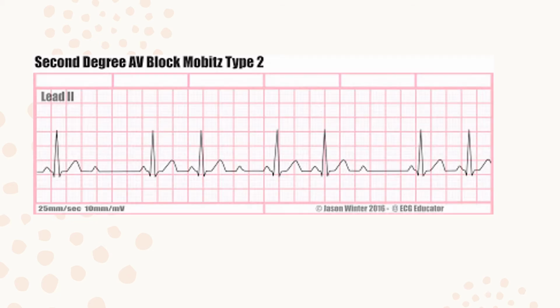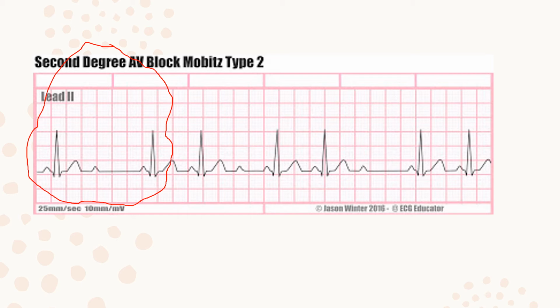And here's an example of a second degree type 2 where you've got varying conduction. Right here at the beginning, this is part of the Mobitz type 2 because you've got a P wave with no QRS. It's coming in on time.